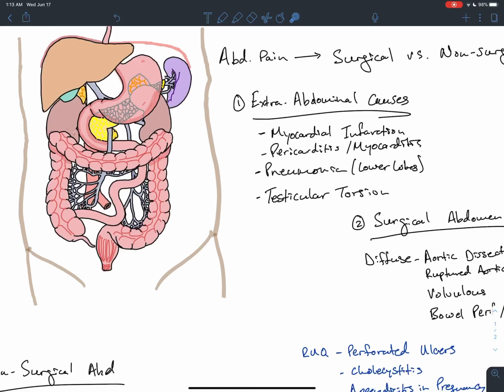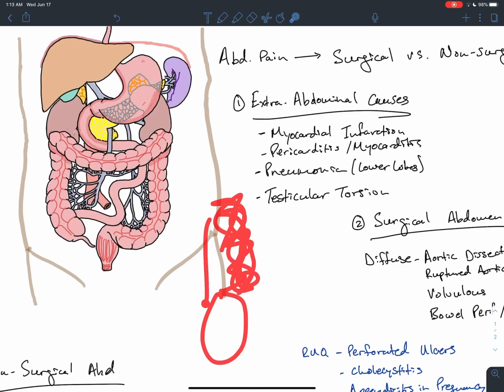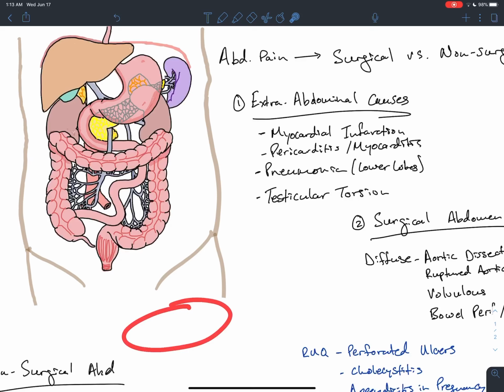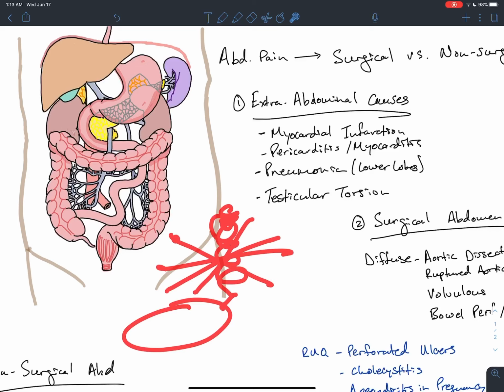A lot of times it's because the testicle has a bunch of veins and arteries attached to it, and these veins and arteries supply the actual testicle itself. So if it wraps around that, you can end up with this kind of sideways looking testicle. But what's more important is that all of these veins have now coiled around each other, and these arteries have coiled around each other, and so all of this supply has been cut off.